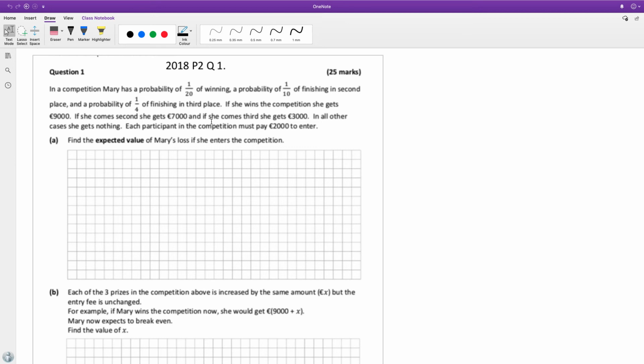Right, so the probability of winning is 1/20. The outcome, if you win it, is 9,000. Plus, the probability of coming second is 1/10. If she comes second, she wins 7,000 and so on.